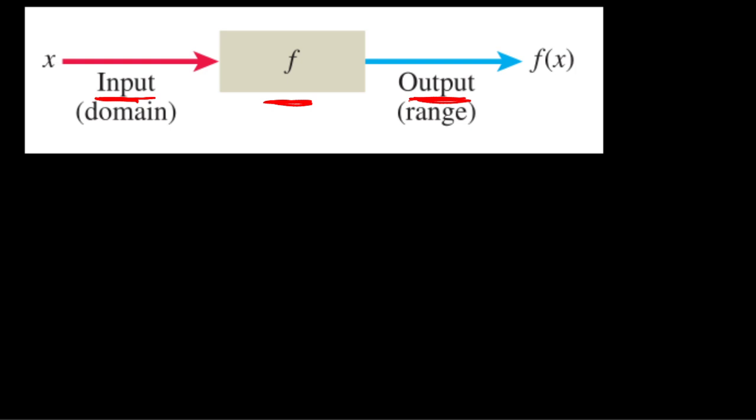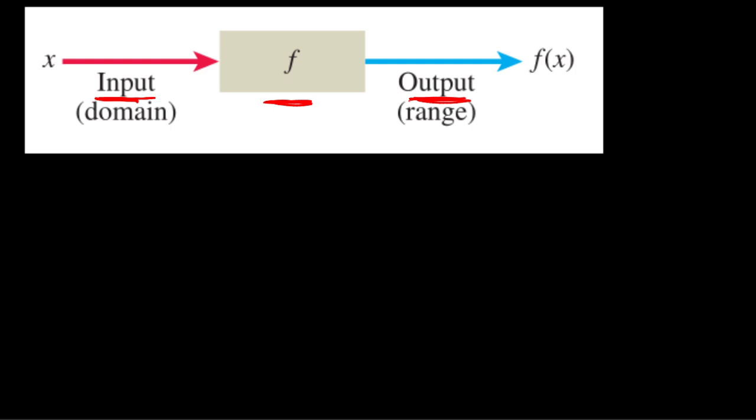So you must have a single output value for every input value. If your output is more than one for a single input, then this is not describing a function.